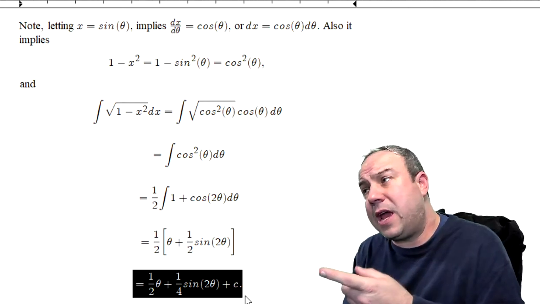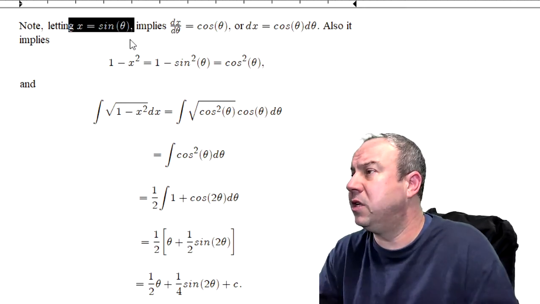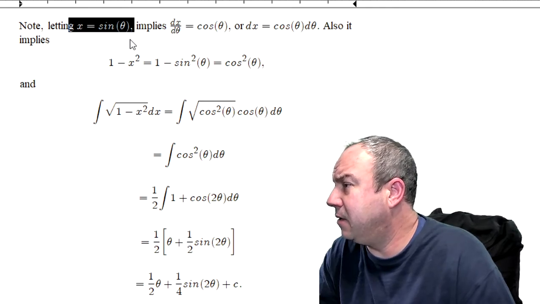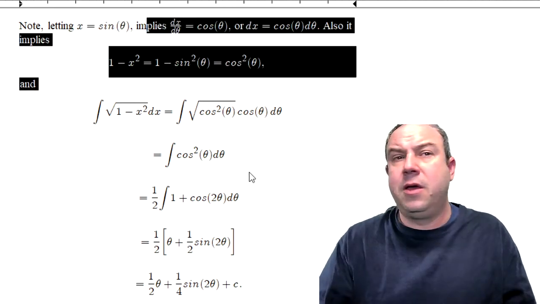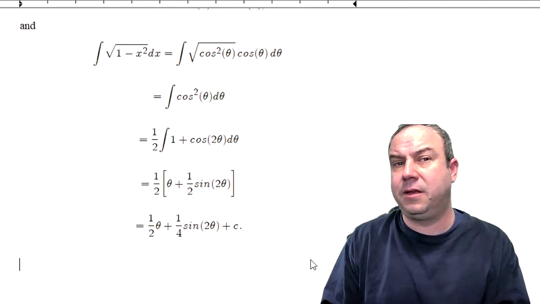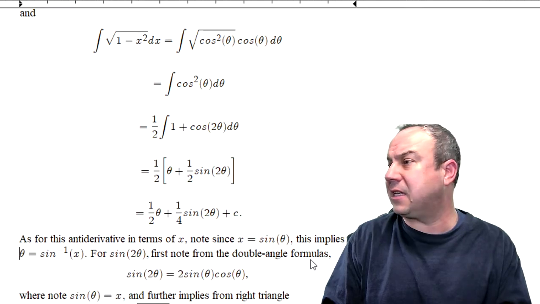And a lot like what happened back in U substitution, I'm going to rely on the fact that x equals the sine of theta. That had all these initial implications that we saw, but it also has all these results with respect to how theta relates to x.